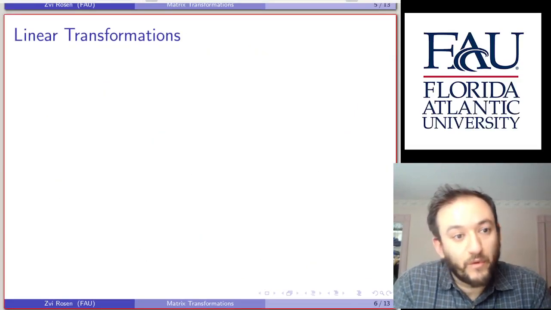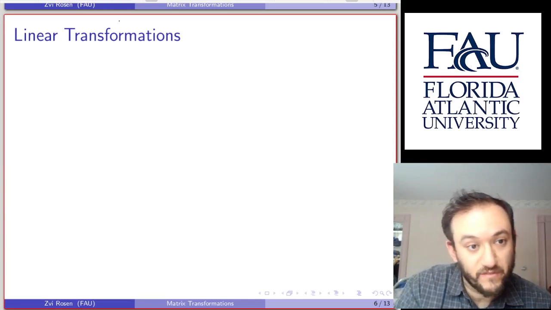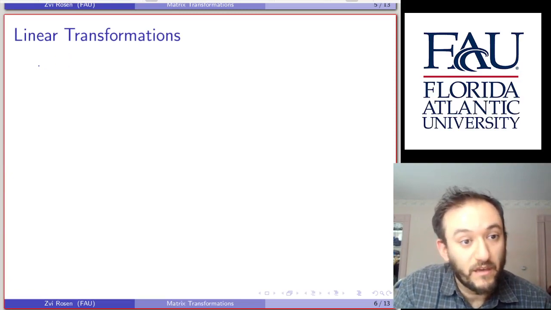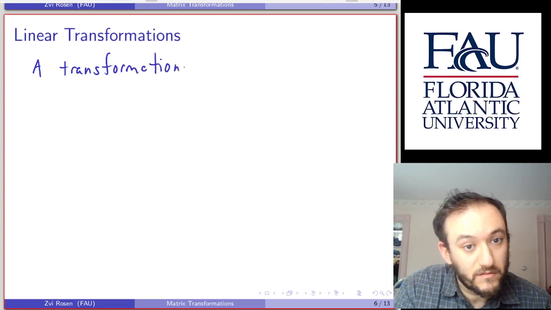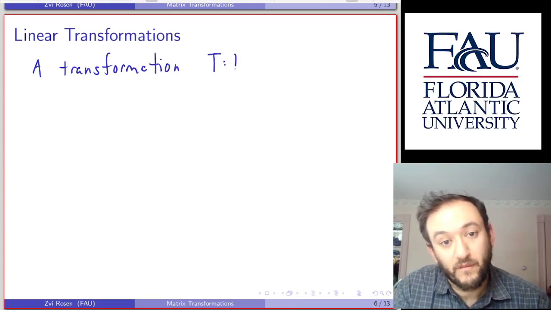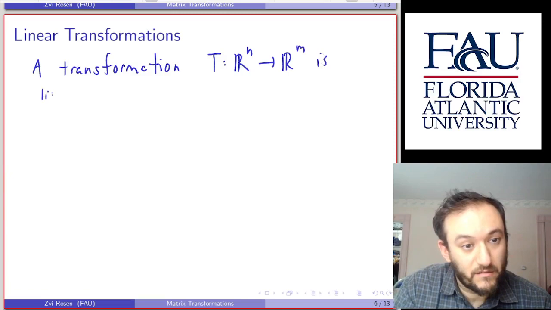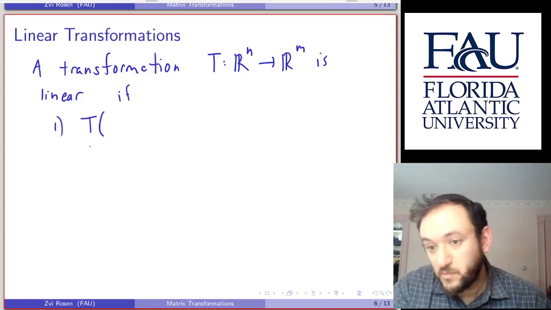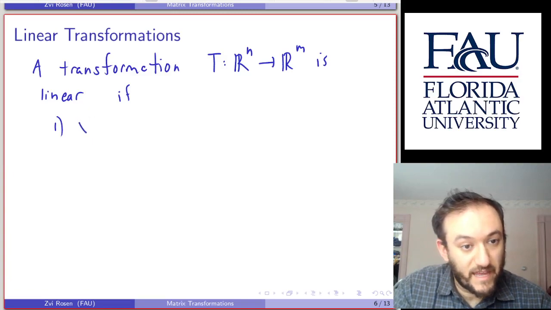There's a property that we really like transformations to have called linearity. A linear transformation is one that satisfies the 2 following properties. A transformation T from Rn to Rm is linear if, first of all, multiplying a vector by a scalar: let x be a vector and k be a scalar.